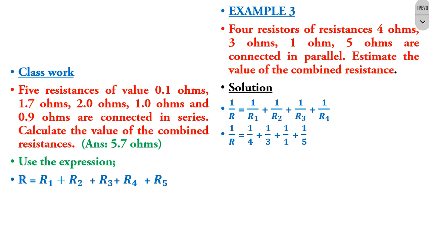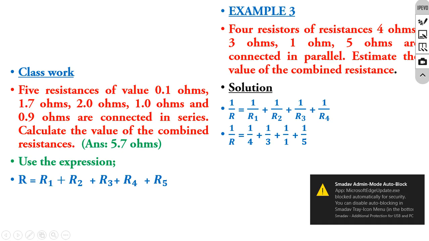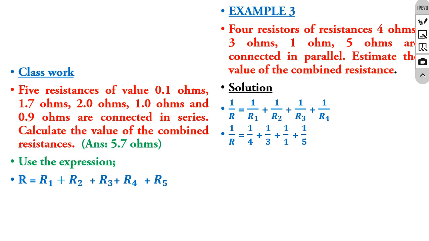Then what we're going to do next is to find the LCM. So far, I discovered that most students find it difficult to find the LCM. Here we have this expression.